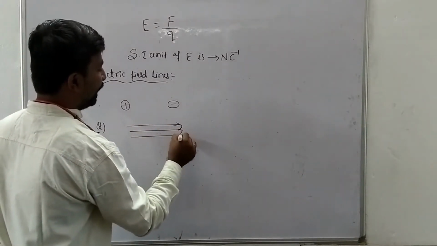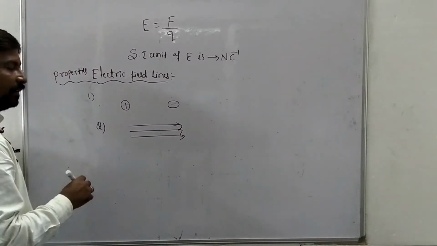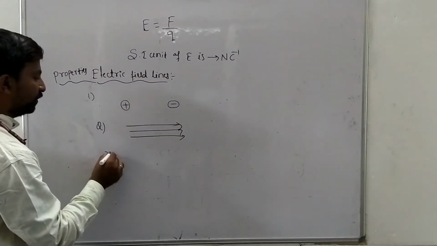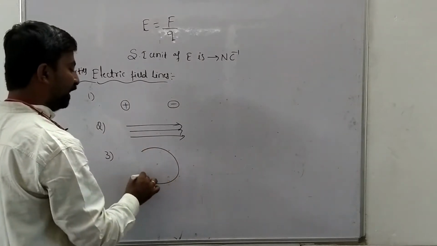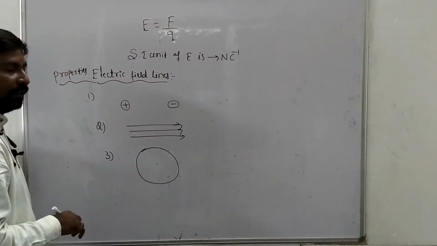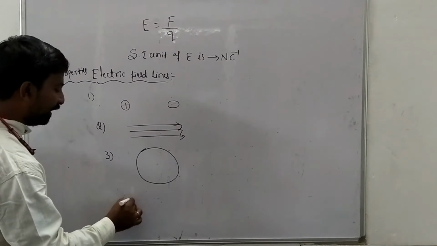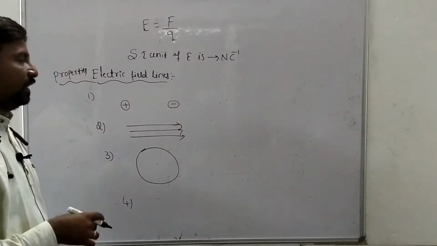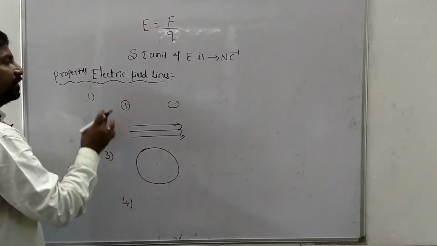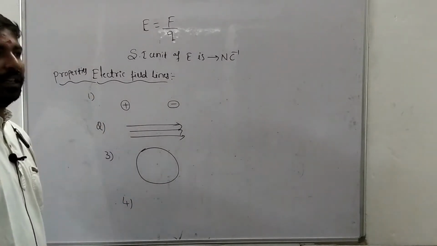Third property, electric field lines do not form any closed loop. Fourth property, electric field lines cannot pass through any charged conductor. So these are the properties of the electric field lines.